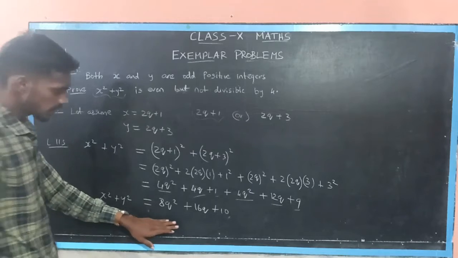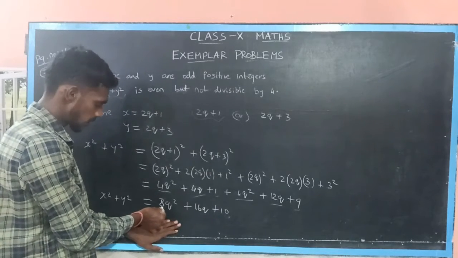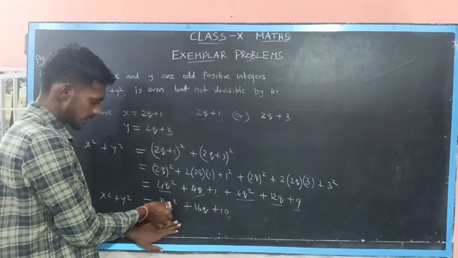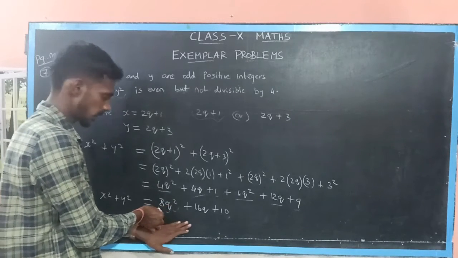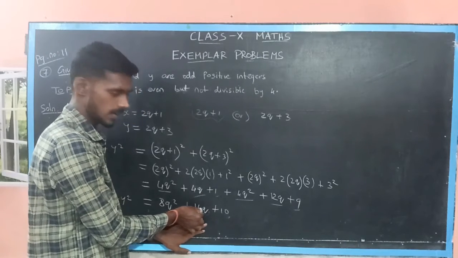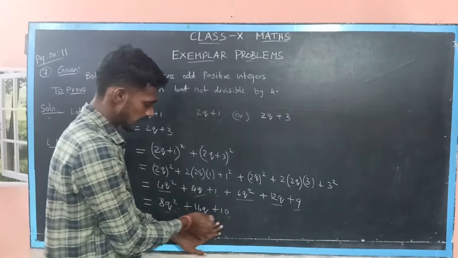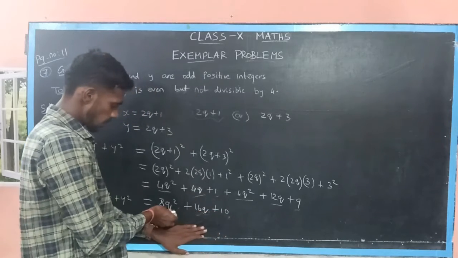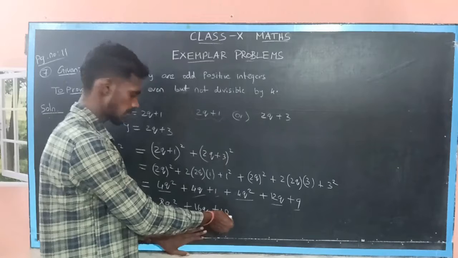Okay. Now see, this term is an even number, because 8 is even. Let us substitute any value for q, this term must be an even number. Then see here, it is also an even number, because 16 is even, and the product of 16 into any number gives an even number. So this is even, and here 10 is even. So the sum of even plus even plus even gives an even number.